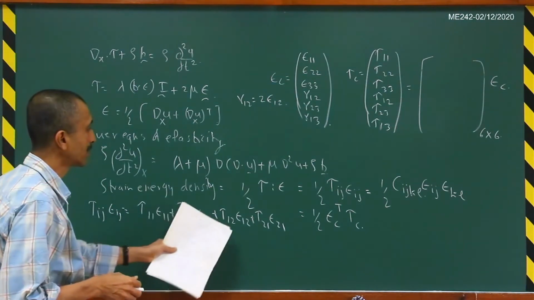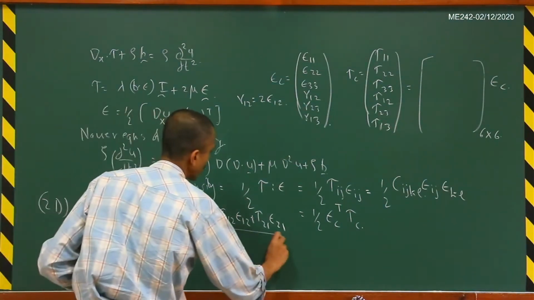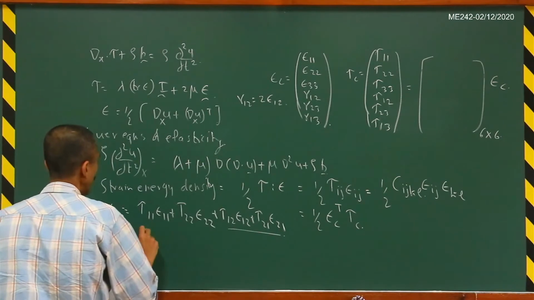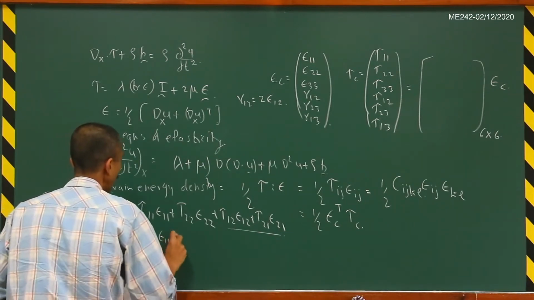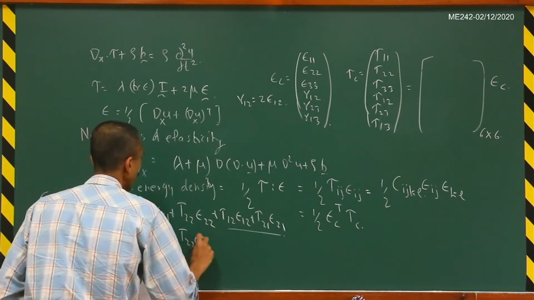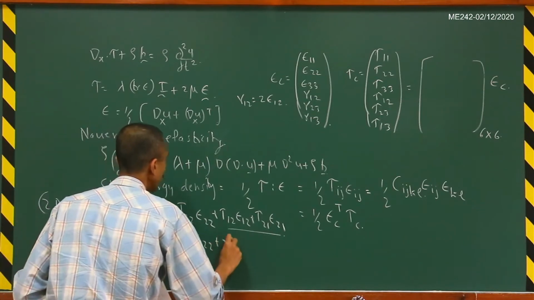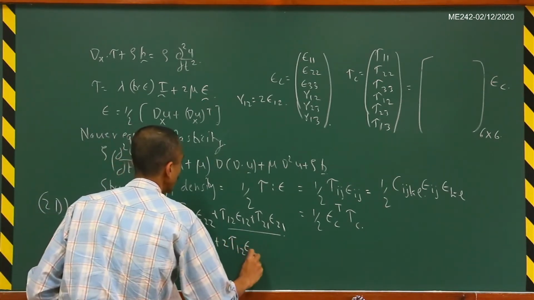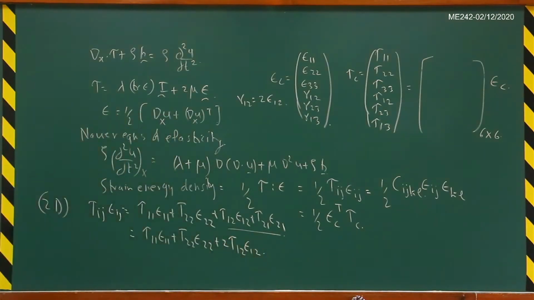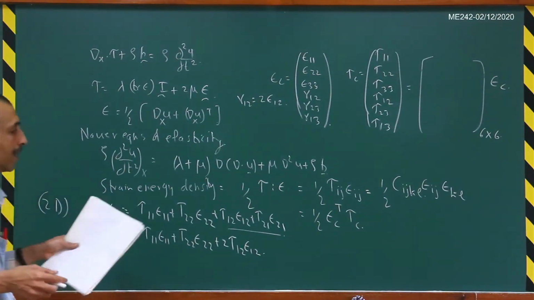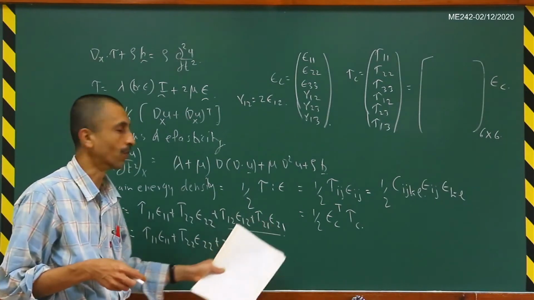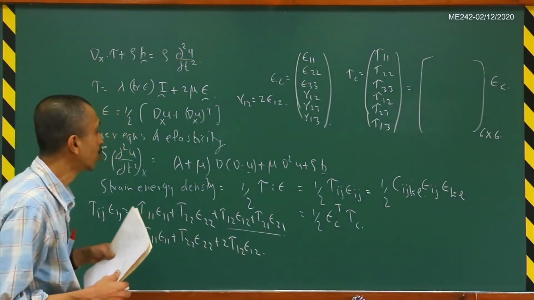Now you can see that these last two terms give tau 1 1 epsilon 1 1 plus tau 2 2 epsilon 2 2 plus 2 times tau 1 2 times epsilon 1 2, because tau 1 2 is equal to tau 2 1 and epsilon 1 2 is equal to epsilon 2 1. That is the reason you get this factor 2.